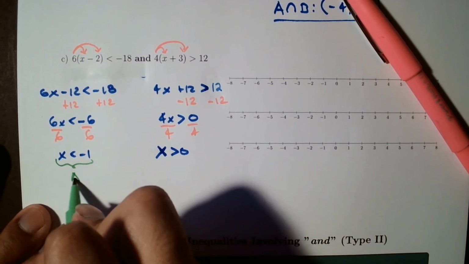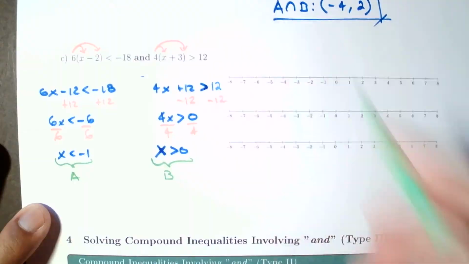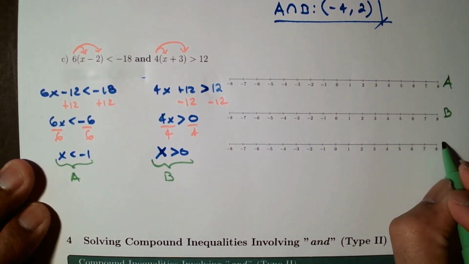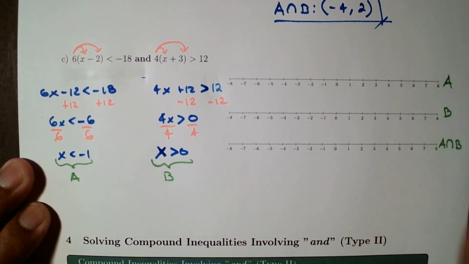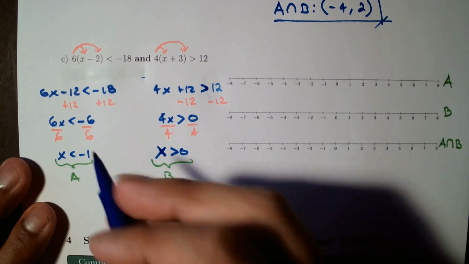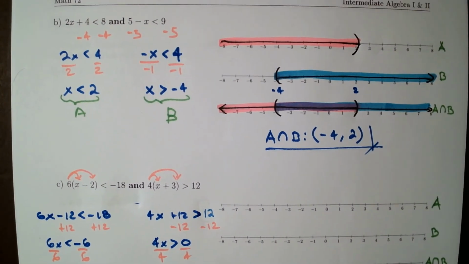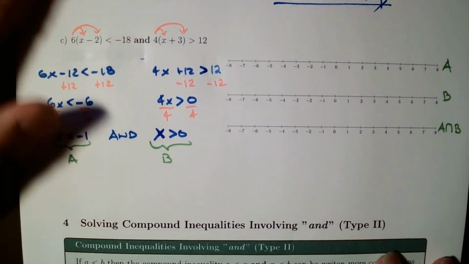Label these two A and B. So A intersection B. Again, recall that we were doing an AND operation. Actually, I didn't put the AND for the previous one. Let's put it back in.